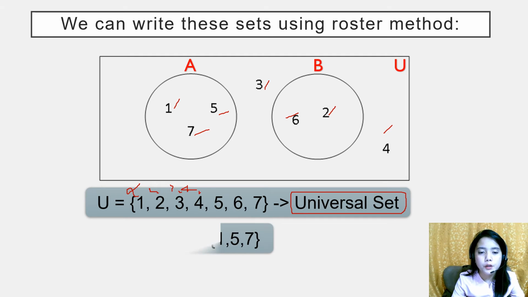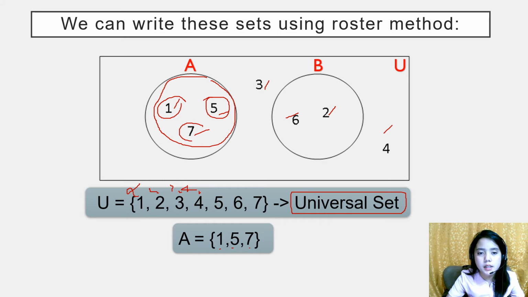Okay. For set A, okay, we have set A is a set with elements 1, 5, and 7. Okay, nga nang 1, 5, ug 7 lang man. Because sa atong circle A, we only have 1, 5, and 7.